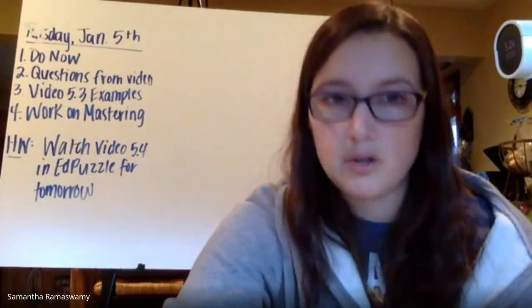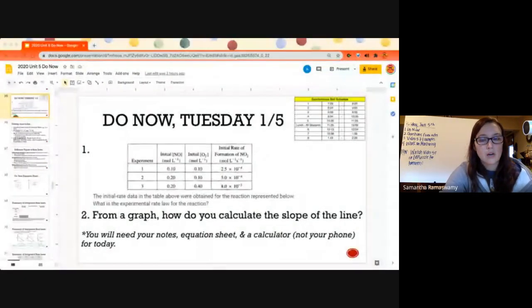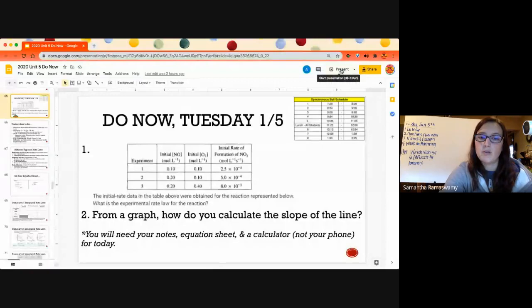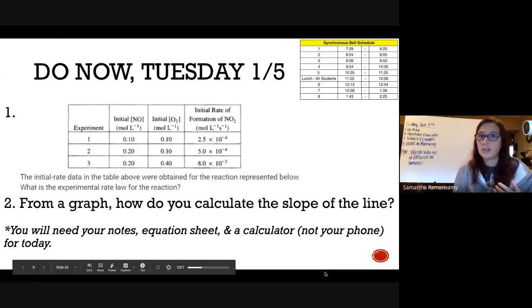We're going to be looking at natural log, the inverse of natural log. We'll be looking at all of that today. And so you will want to make sure that you have your notes, your equation sheet, and a calculator, preferably not your phone, so that you can practice using that like we would on a quiz or on a test.